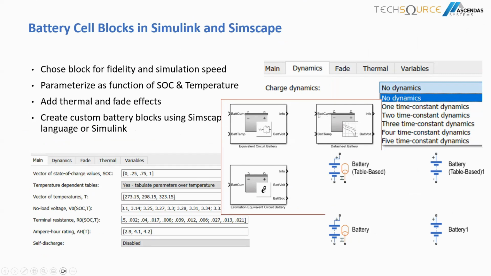There are also charge dynamics that we have, for example, or maybe you have data for fading or aging effects for the batteries. These are the ones you can also use in the battery cell blocks for parameter modeling of your battery cells.